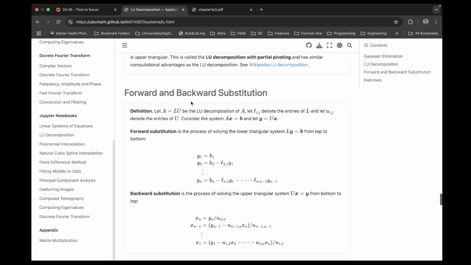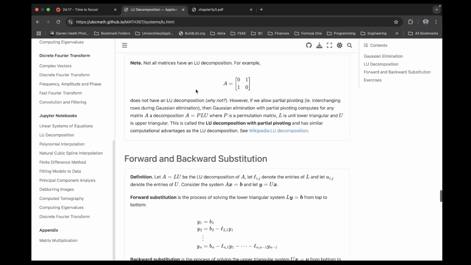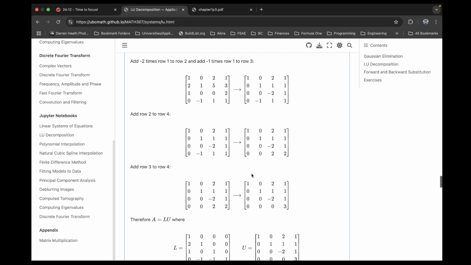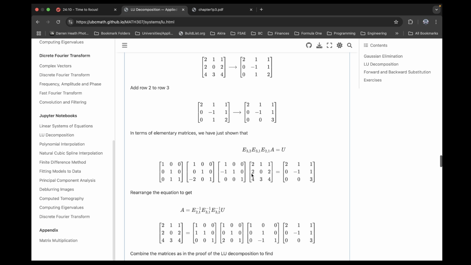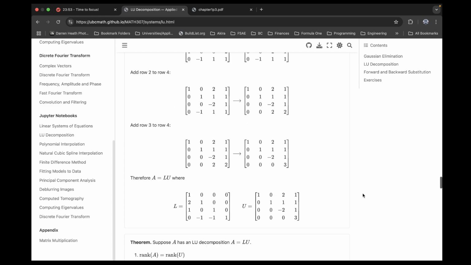So we have to learn about forward and backward substitution, and we know what LU decomposition is. L is all these E's right here, and U is the upper triangular matrix.